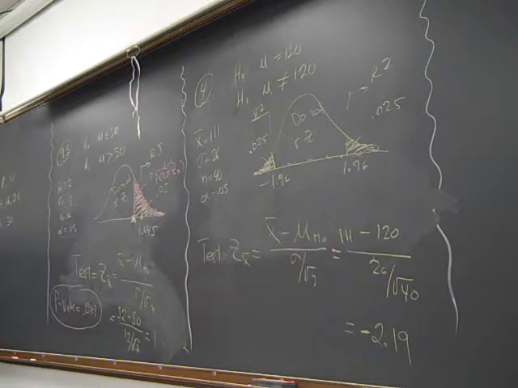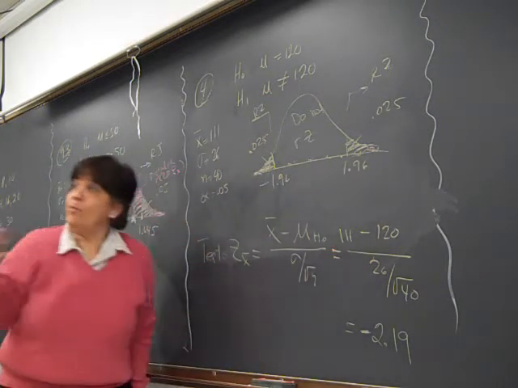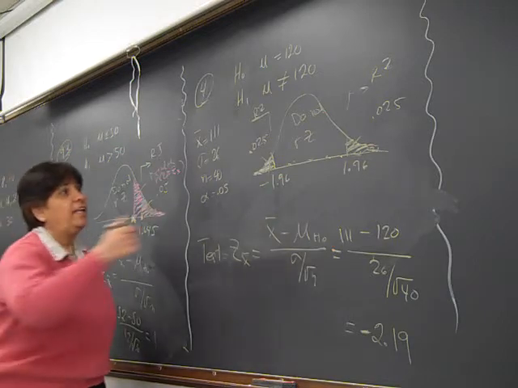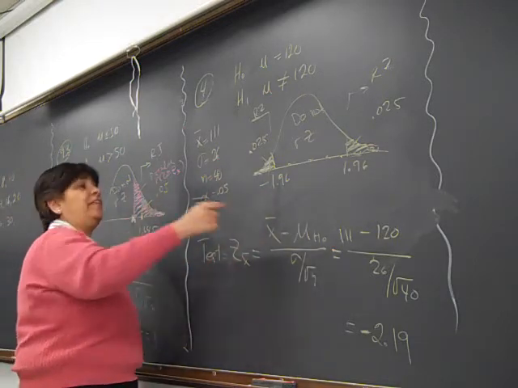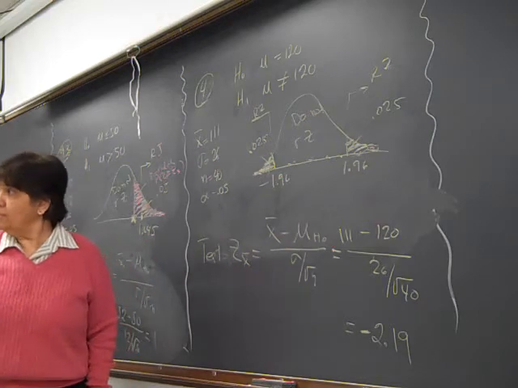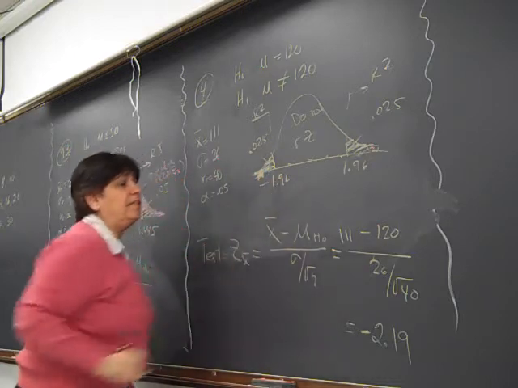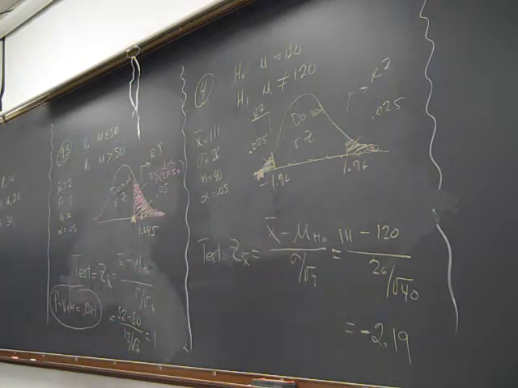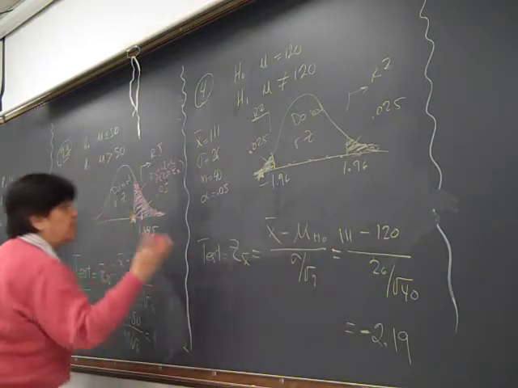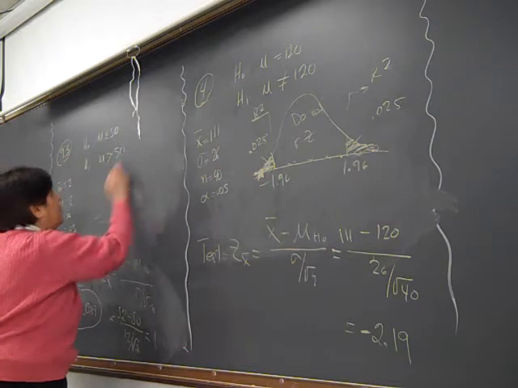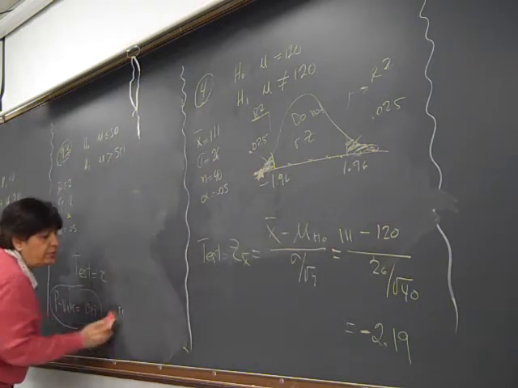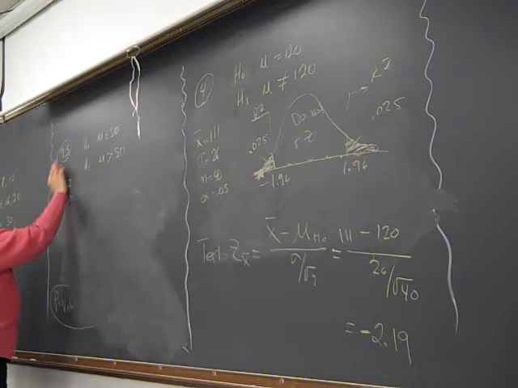Who said so? Who agrees? Isn't it the reject? I mean, we have a negative 2.19. You see? It is more negative than the negative 1.96. So it is in here. This is the negative 2.19. I'm going to erase this so I can draw my conclusion, so you know exactly what the conclusion should be and why.